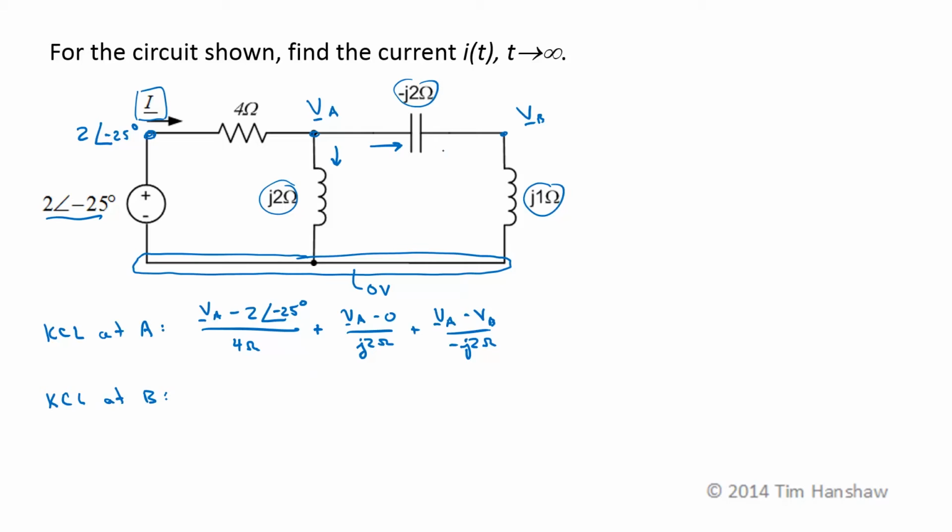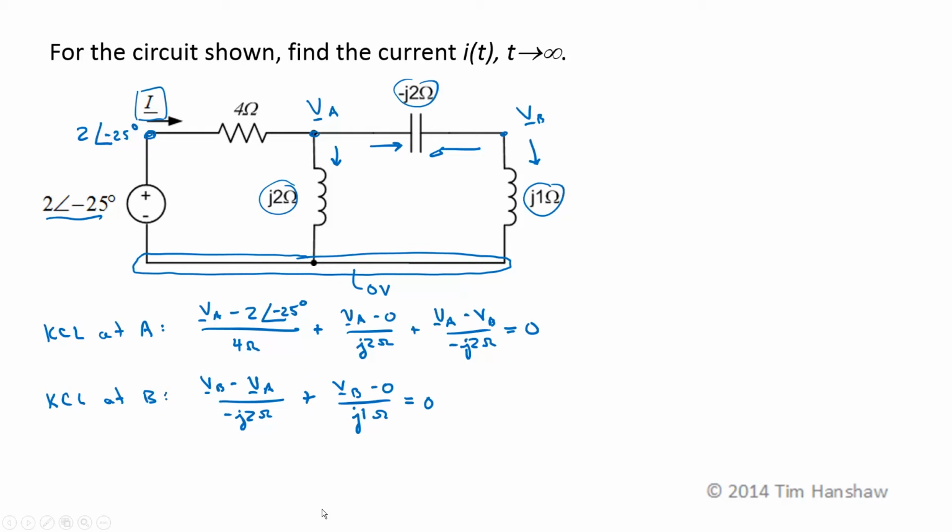KCL at B: the current through that capacitor is going to be VB minus VA over minus j2 ohms, plus the current through this inductor is going to be VB minus 0 over j1 ohm. That sums to 0, and I left off my summation to 0 here.